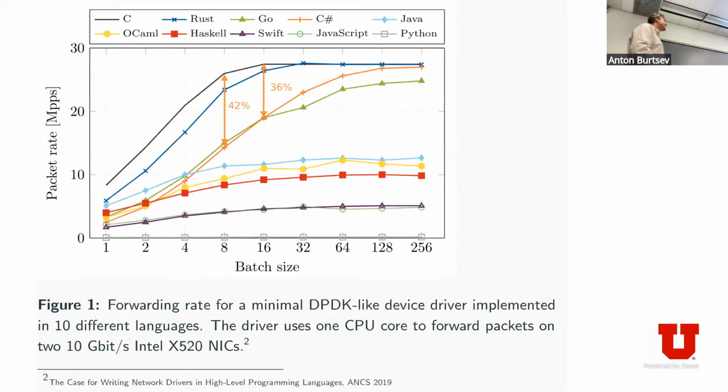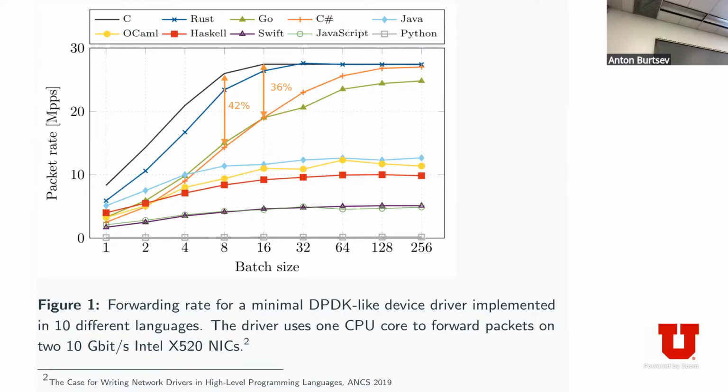So there was this team which, let's say 5 years ago, 2019, said, okay, we're going to build a device driver in, I think, 10 possible languages, ranging from something as slow as Python to the fastest one, C. So C is a flat line at the very top. It's our golden standard, optimal, right? Here we have Python, which is essentially 0.